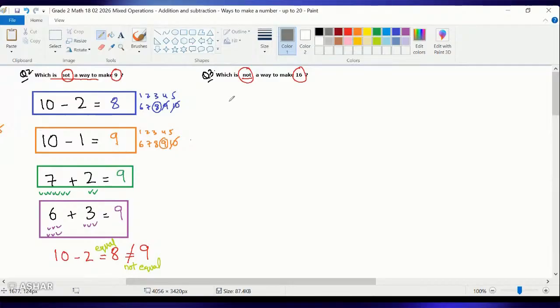Okay, let's do 20 minus 4, 17 minus 1, 13 plus 3, and 10 plus 7. If these are the 4 options given to us, which way is not equal to 16?